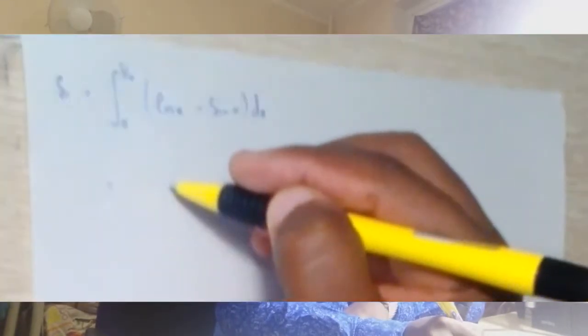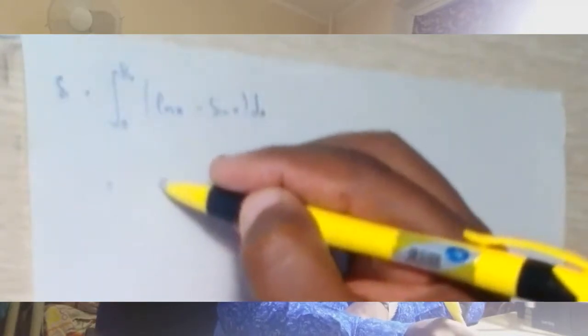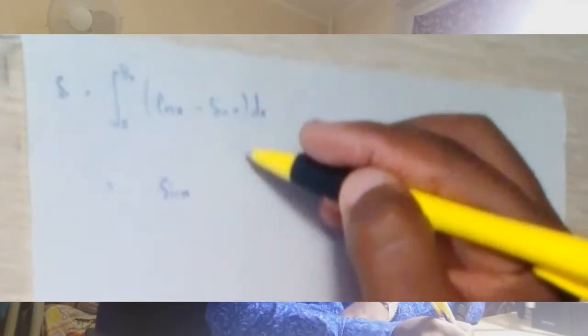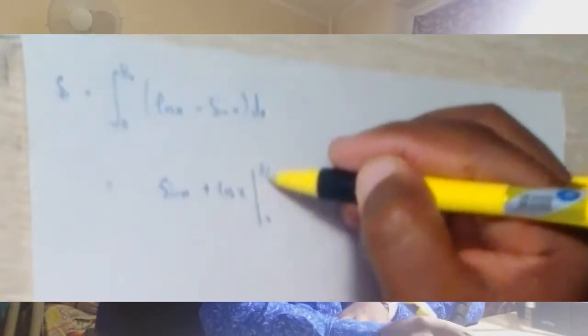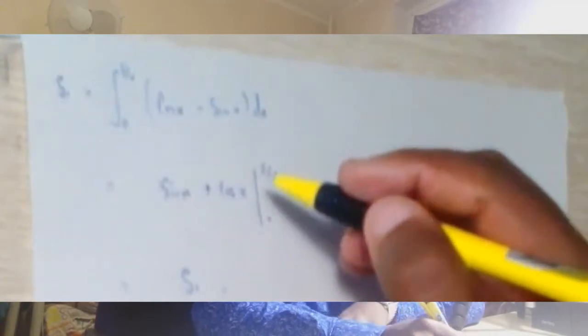The integral of cos x is sin x, and the integral of sin x is negative cos x, so with the minus sign, I'll get a positive cos x, and I'll have my limits. And S1 is equal to, I'll just put the upper limits and the lower limits, I'll substitute.